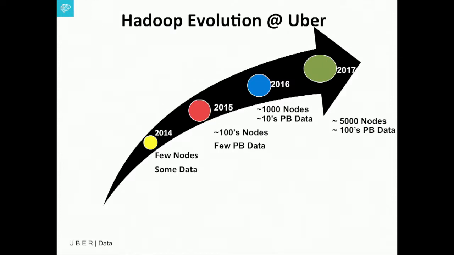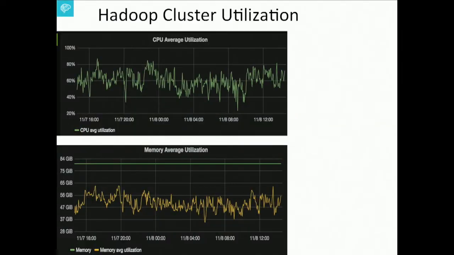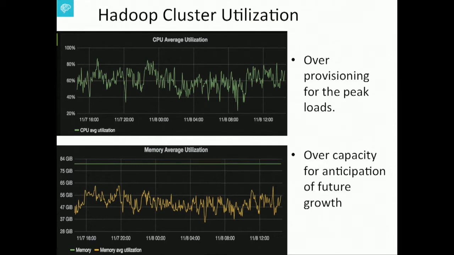We have all these many servers, we are horizontally scaling, we have this nice feature of HDFS where we can partition the data, we are happy. But we looked at the graphs. Our cluster utilization is pretty much not that great, right? Memory average utilization and CPU average utilization are low, and the reason is we provision for the peaks.